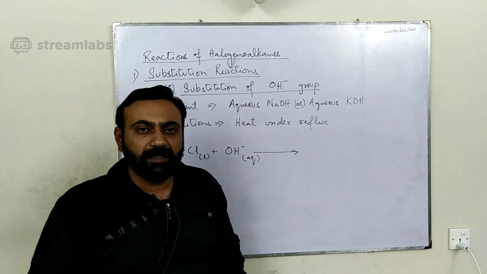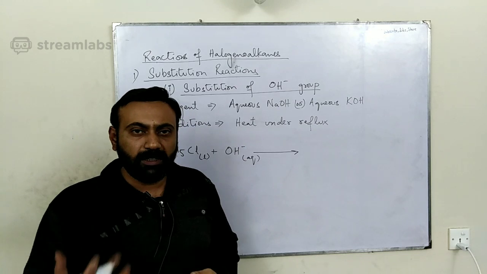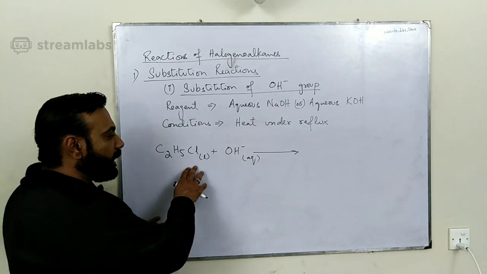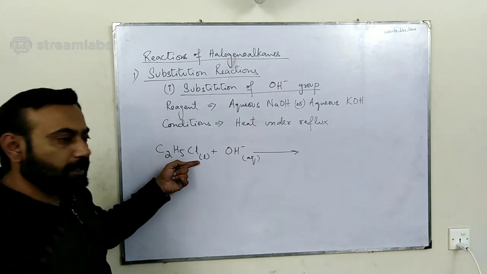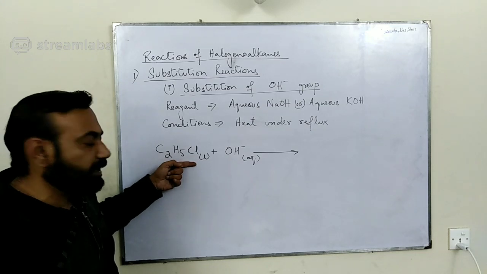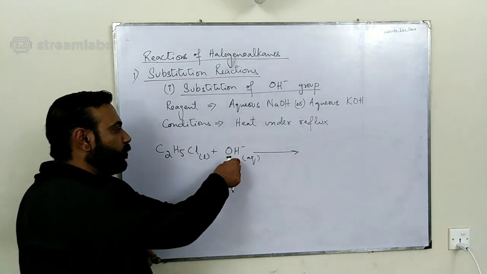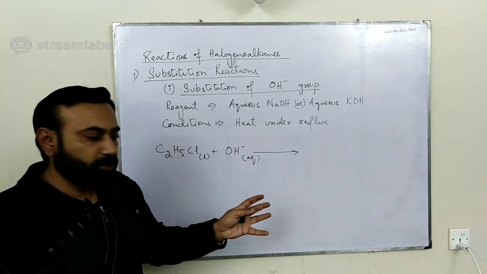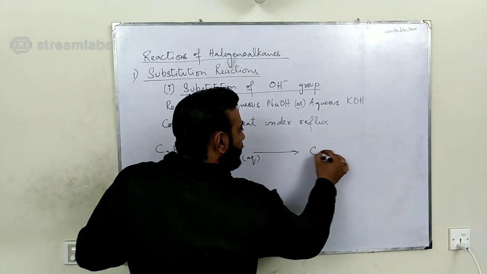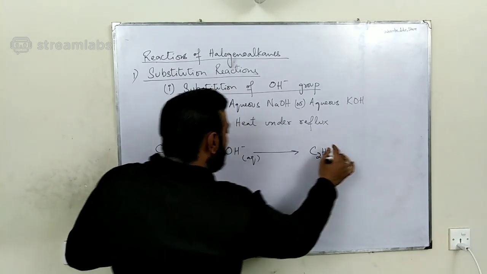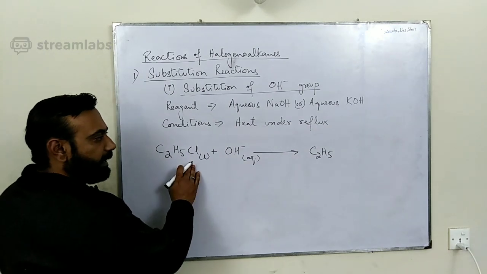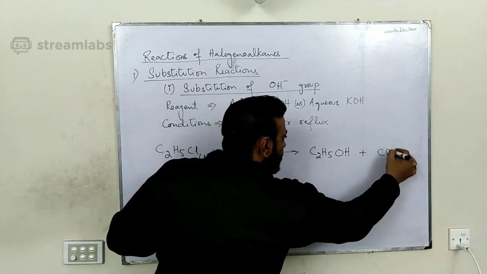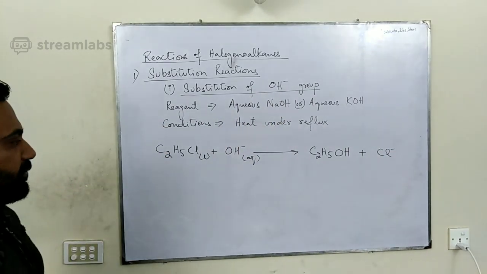The sodium ions and potassium ions are the spectator ions, they do not take part in the reaction. It is just hydroxide ions which will substitute the chloride ions. Although this is a covalent compound, when the OH group substitutes the Cl group, chloride ions would be produced. So the reaction will take place as follows: the Cl group of this halogenoalkane would be substituted by an OH group and chloride ion would be discharged.